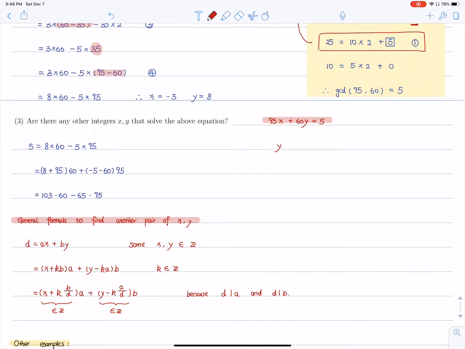Probably most of you are familiar with y equals kx plus b. We know that this is a line. This is the same as this. You can write this equation as something like this. So now we know this is a line. So if you have a line, how do you find your x and y values?